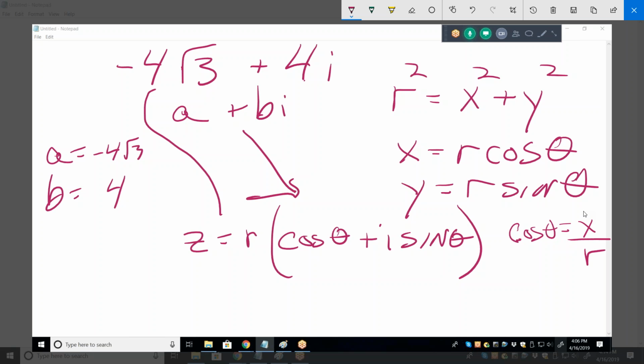Tell you what, let's make this a little simpler. Let's factor out negative 4. I'm not sure that that's going to work, but let's try that and see what happens. So let's represent this number like this, for starters.